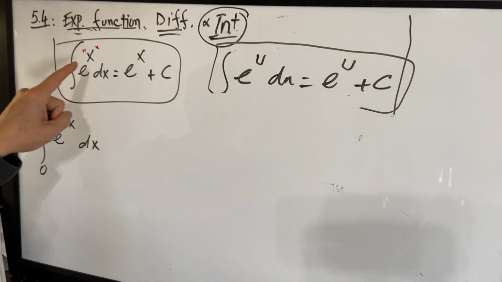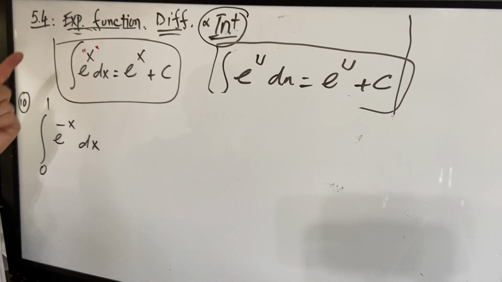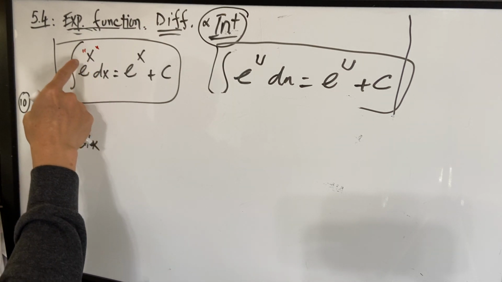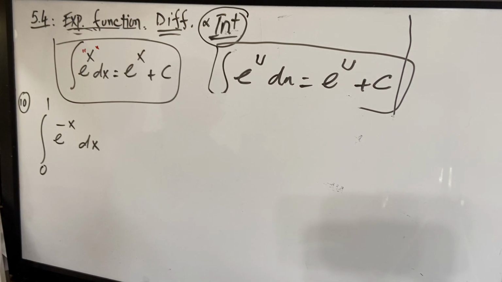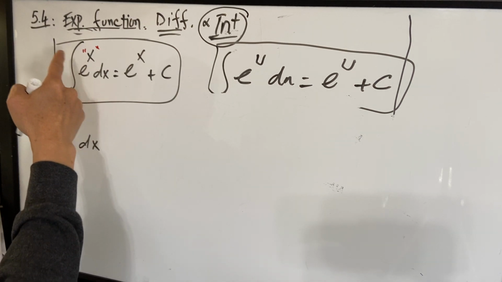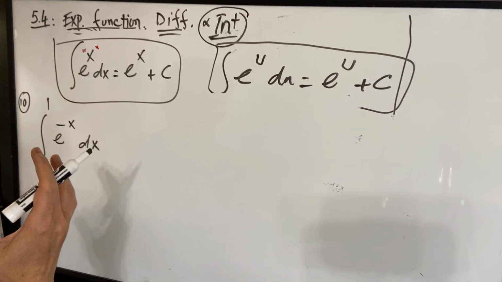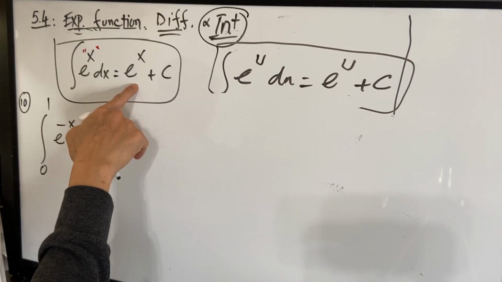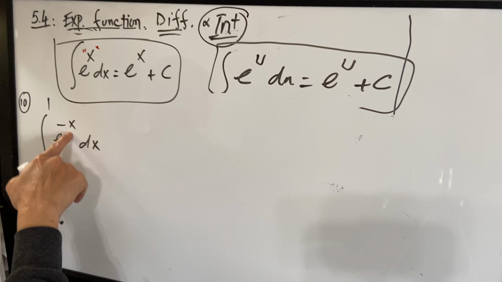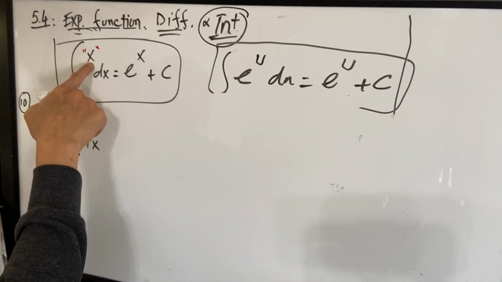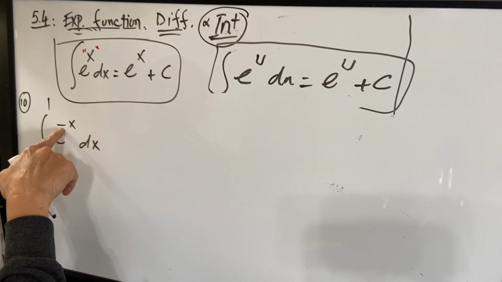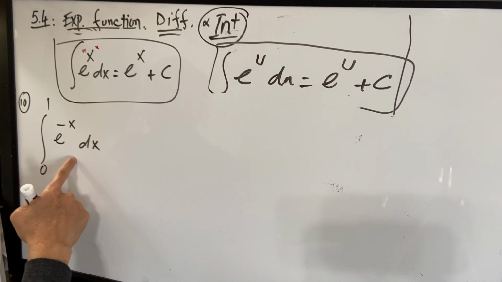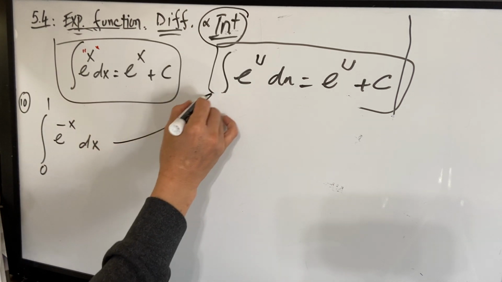There is no exponent, no x squared, no 1 over x, no negative x either, because if there is something other than x itself, even the sign, it has to be exact so that you can get the direct answer. This guy is not that guy. What's the difference between this and this? Correct. The negative x. That's a tricky part. Be careful. Therefore, which formula are you going to use?